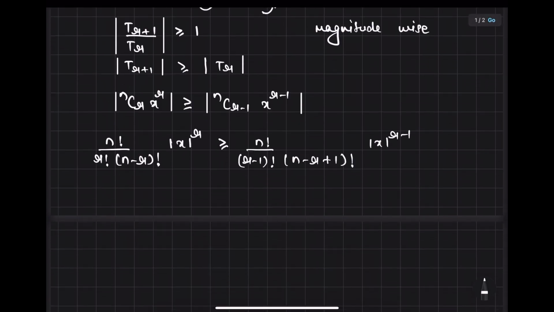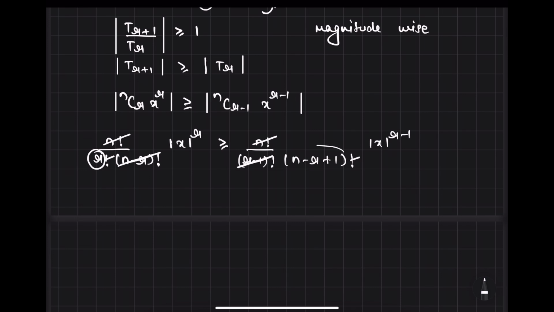Can I divide both sides by n!? n! is a positive number, so we can do that; it doesn't affect the sign of the inequality. Can I multiply both sides by (r-1)!? This will get neutralized, and we will have r. Can I multiply both sides by (n-r)!? That will also get neutralized.